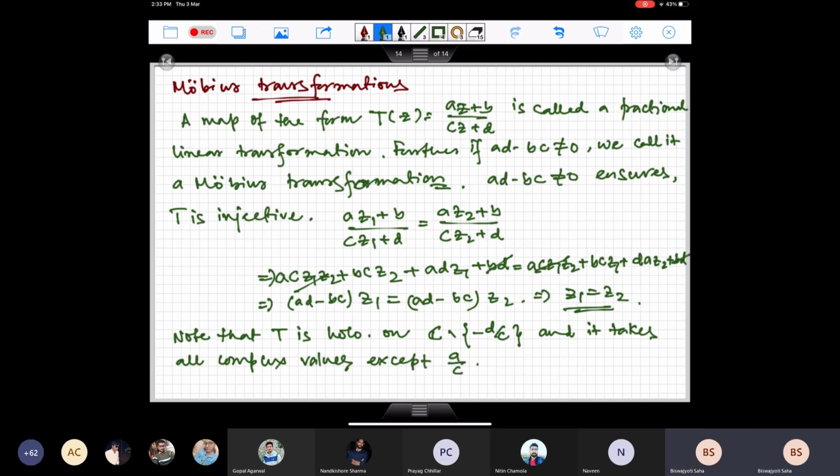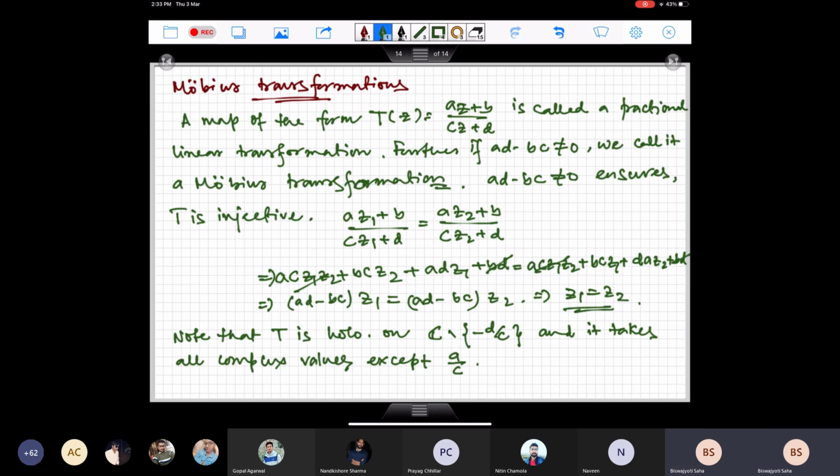So except this value, T takes all possible complex values. This is effectively a linear equation, so you can just cross multiply and solve. You will always get a solution unless you start by taking a by c, because then you will cancel your z.